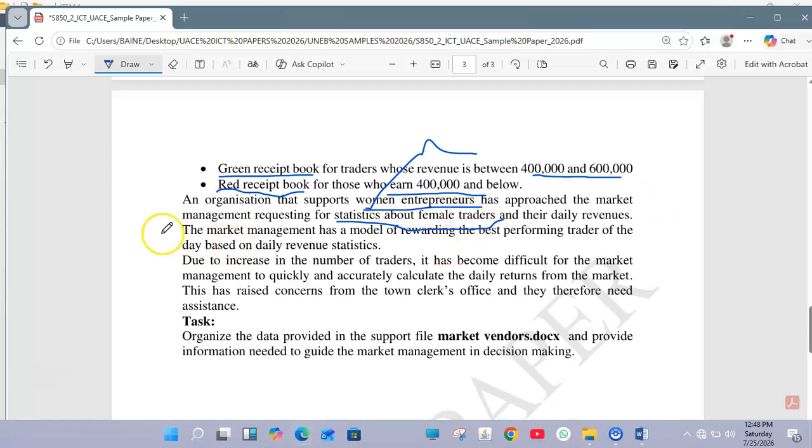Then they have another concept. The management has a model of rewarding the best performing trader of the day based on daily revenue statistics.